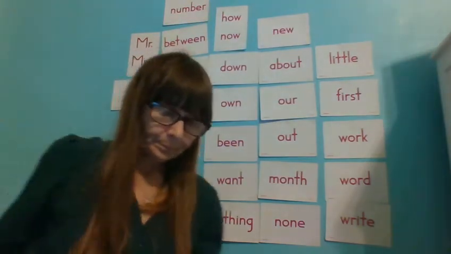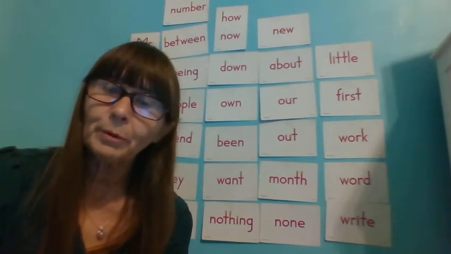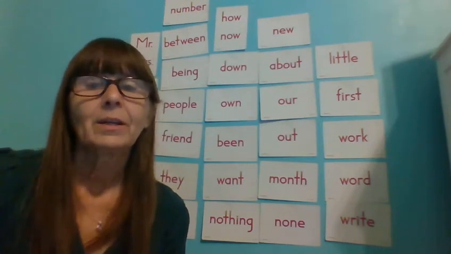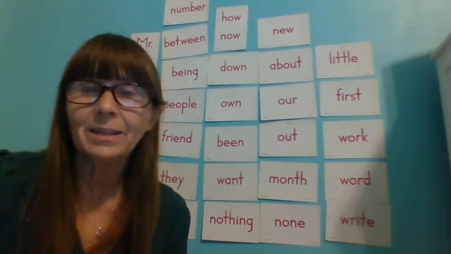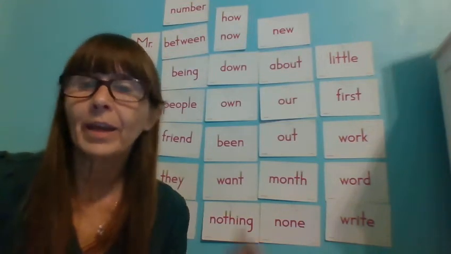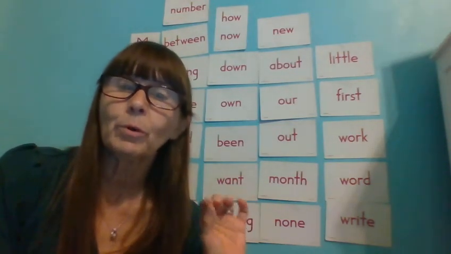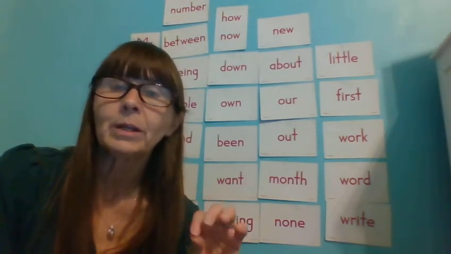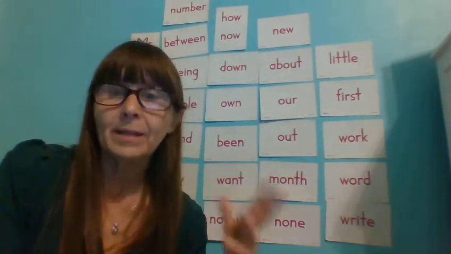Then we have another word which isn't very difficult as long as you remember the rules about suffixes. So the suffix ed has 3 different sounds. It can say ed, and I told you it says ed when you have a T or a D at the end of a word, like in painted or handed.